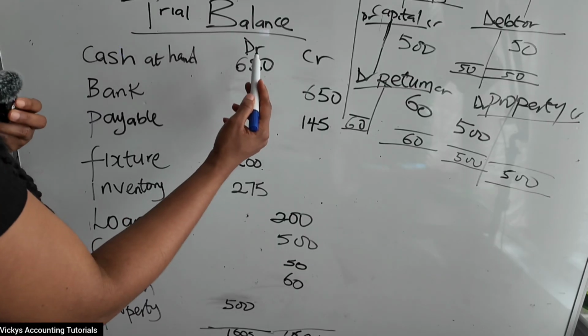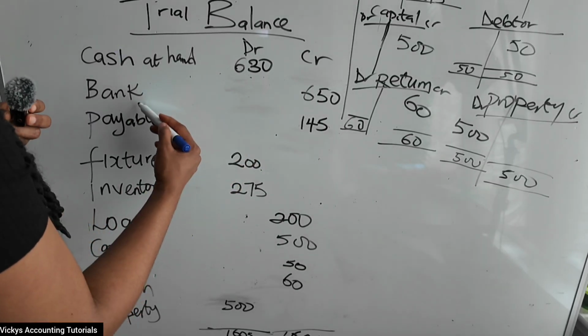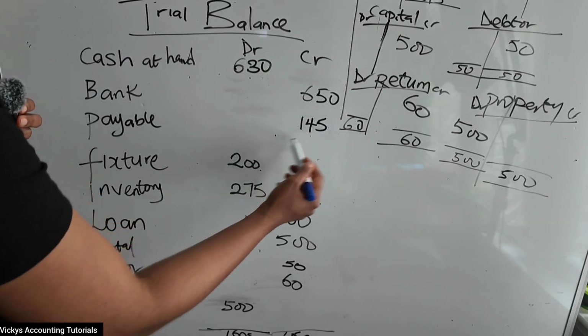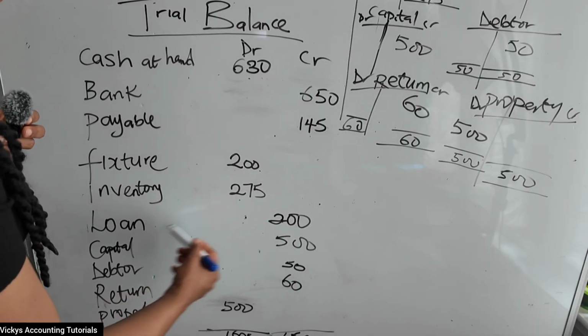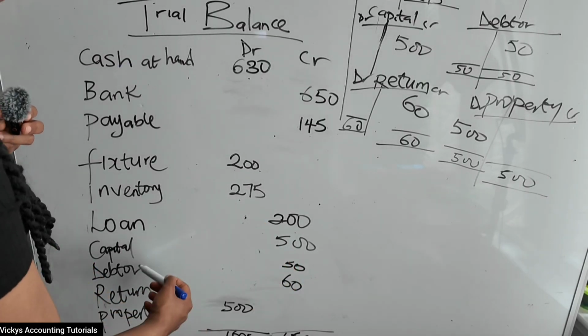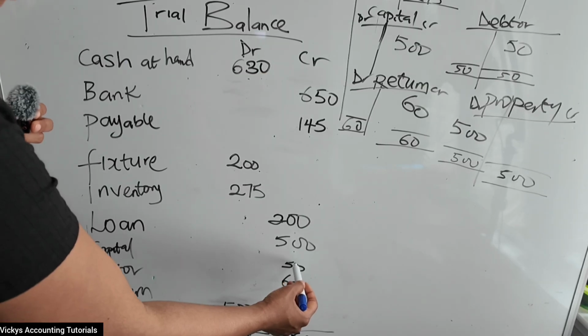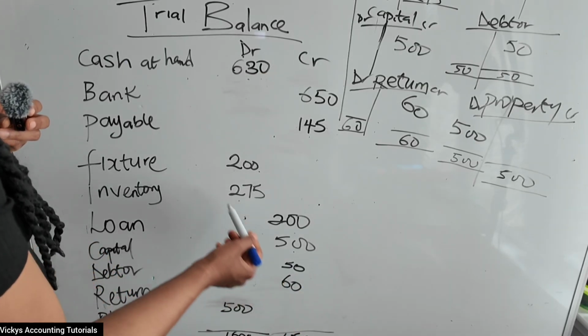So here is our trial balance. Cash at hand, 630. Our bank is on the negative side, 650. Payable, 145. Fixture, 200. Inventory, 275. Our loan is 200. Capital balance is 500. Debtor is on the credit side, 50. Return, 60. This return will adjust our what?